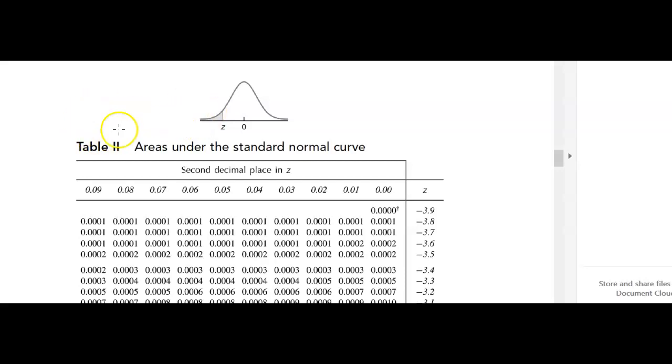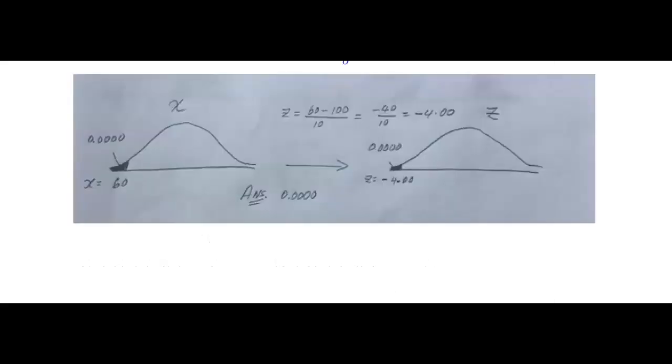Certainly if you go further to the left, you'll still have 0, because already at negative 3.9 it's 0. So if you go further left, you're not going to have anything more there. That is why the area to the left of 60 is 0.